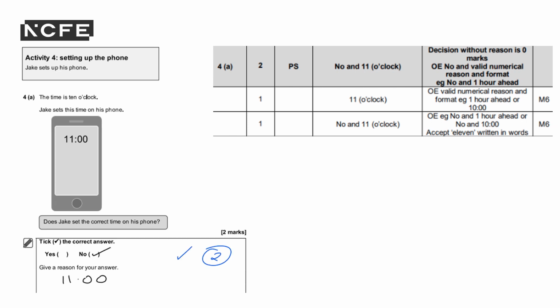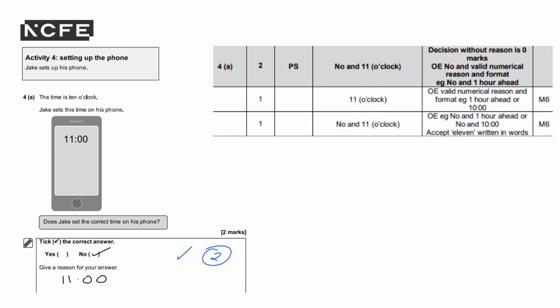The reason there was contention in the live session is because the reason given was, they hadn't stated that it's an hour difference or anything. They just wrote 11.00. So the mark scheme does allow, it says no and 11. So if they'd just written 11, that would be fine.